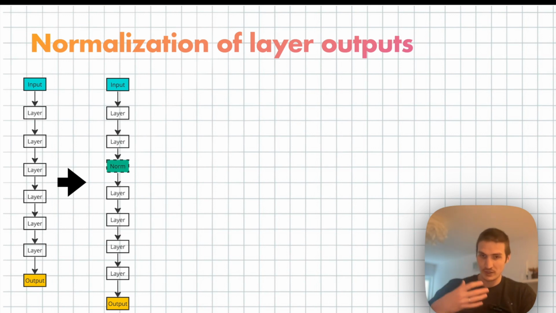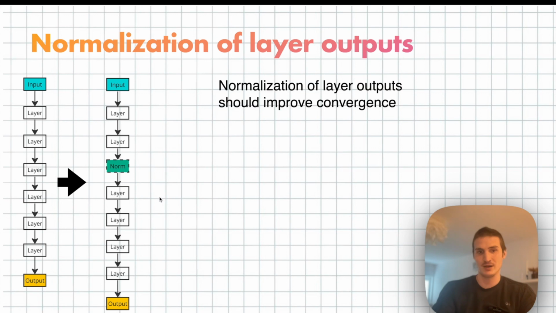So during a step of the batch gradient descent, this layer will try to adjust to this distribution of parameters. But what will happen in reality is that on the next step, the previous layer has changed, and so this layer has to adjust all over again. And that is just taking a lot of time. So we might expect to improve the speed of training if we could insert this normalization step somehow.